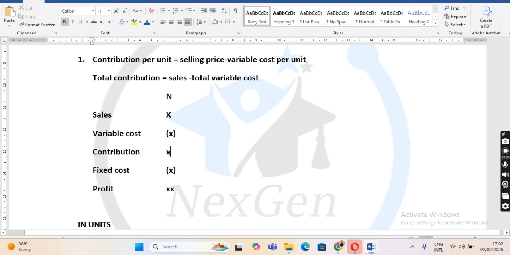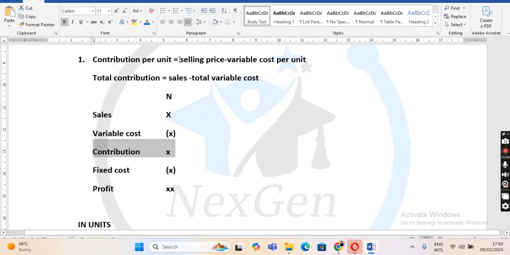Now, if you want to determine the contribution per unit, the amount that you calculate here is the total contribution. Then when you want to get the contribution per unit, you will just divide it by the number of units produced.